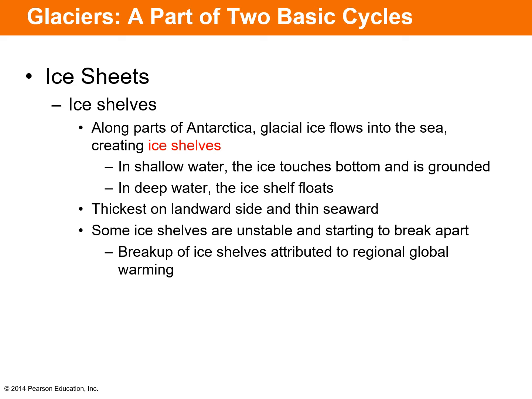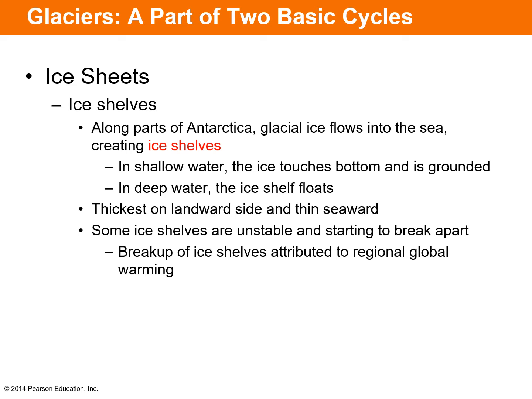Usually ice shelves are thickest on the landward side and thinnest on the seaward side, which makes sense when you think about the ice flowing away from the land out into the sea, and then the sea perhaps causing additional melt of that ice. Additional melt relative to how much of it would melt if it was on land.